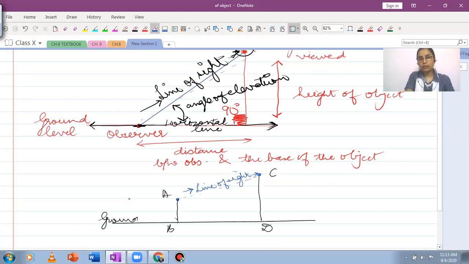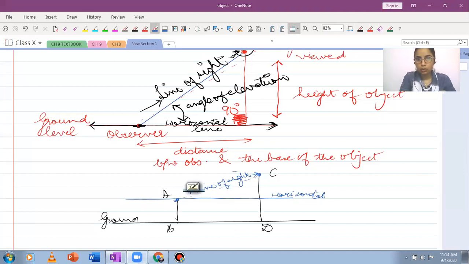If we want to show the angle of elevation, the first thing I want to do is draw a horizontal right through this point of observation. From the point where you are viewing something, you have to draw a horizontal line. And then between the horizontal line and the line of sight, you can mark the angle of elevation. Sahaj, no need to draw, just watch. So this here will be the angle of elevation between the line of sight and the horizontal through the point of observation.